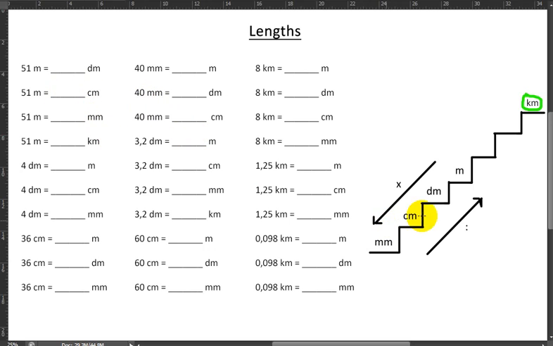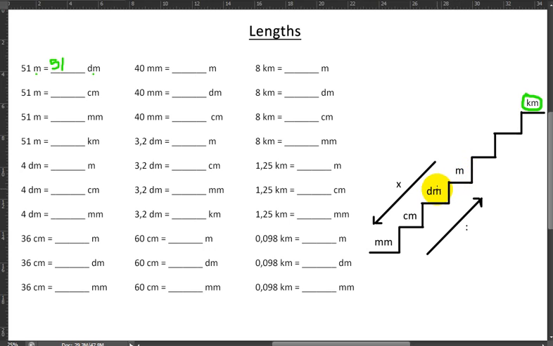So if you don't remember, the concept is I want to turn this into this. So from meters, I want to turn it into decimeters in this example. How do I do that? I take this number that is written here, so 51, and I ask, am I going up or down the ladder to go from meters to decimeters?